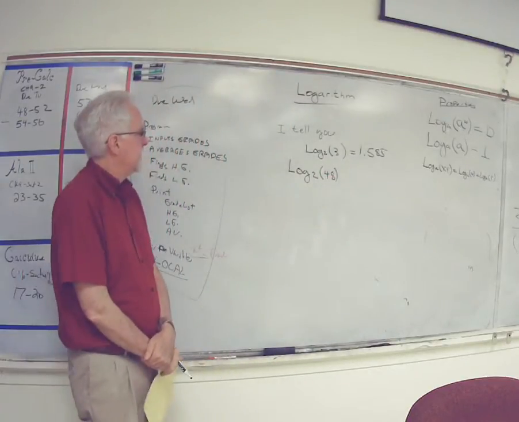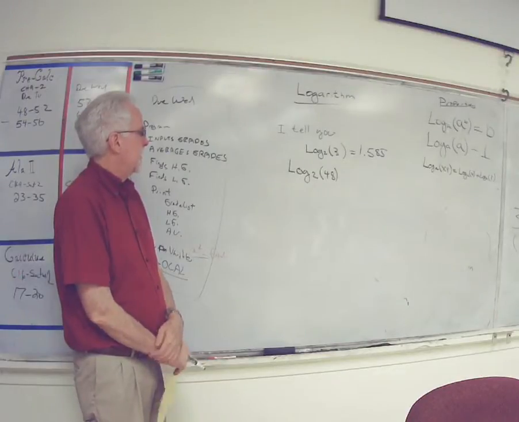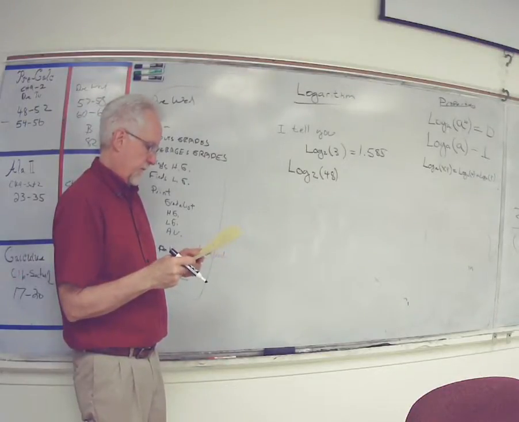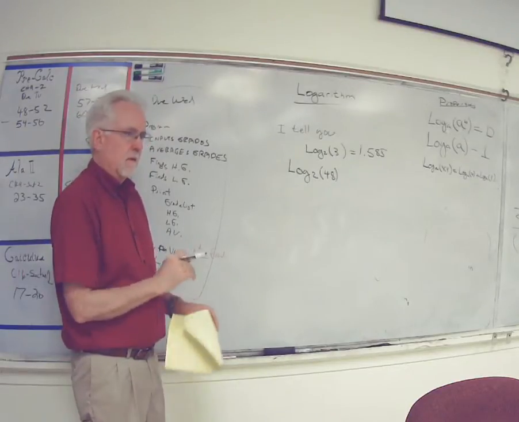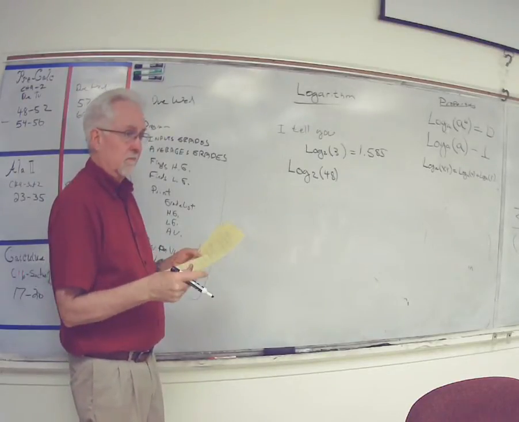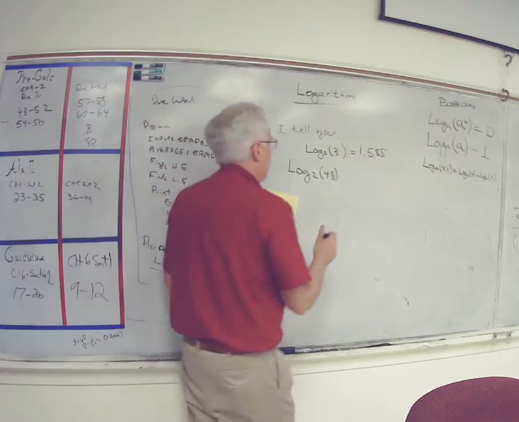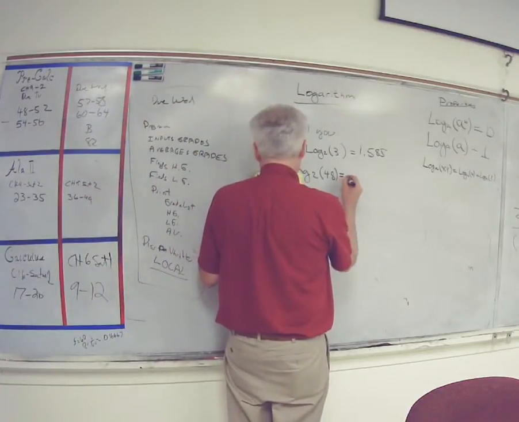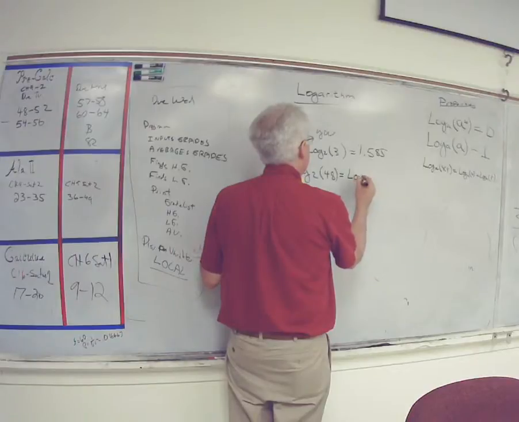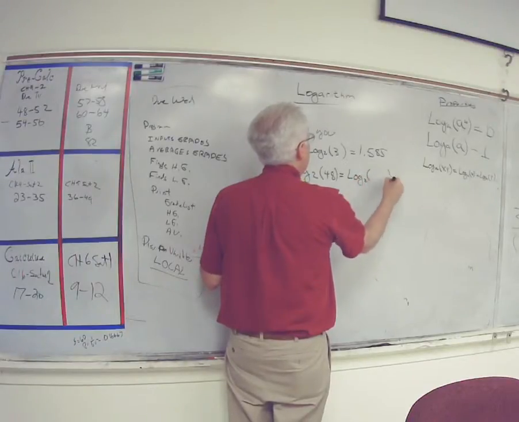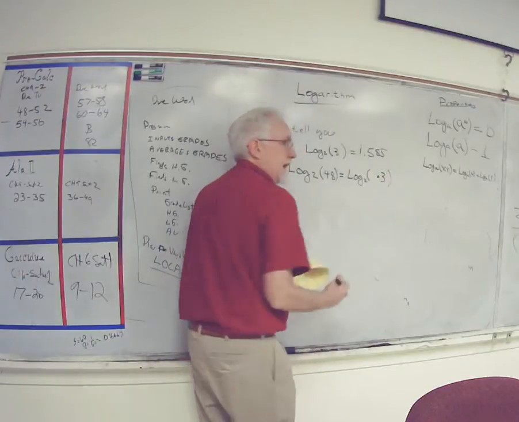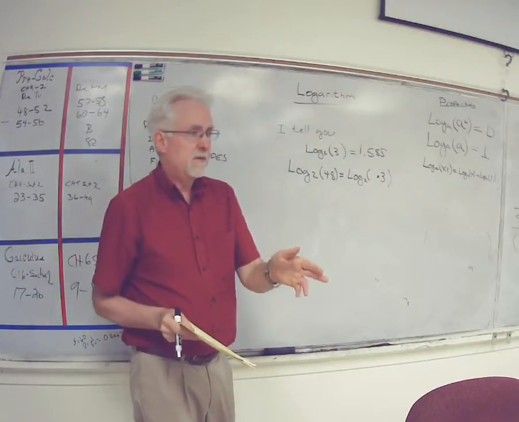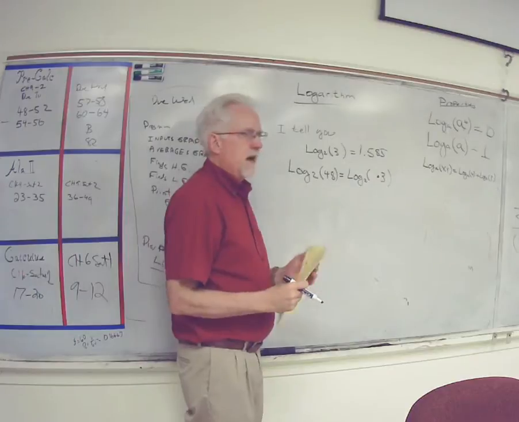Now that's kind of interesting. I want to know log 2 of 48. Split it up so that one part of 48 is 3. Okay, so what you want to do is say this is log 2 of something times 3, and then we'll end up with a term that we can do something with. So it would be 3 times what?